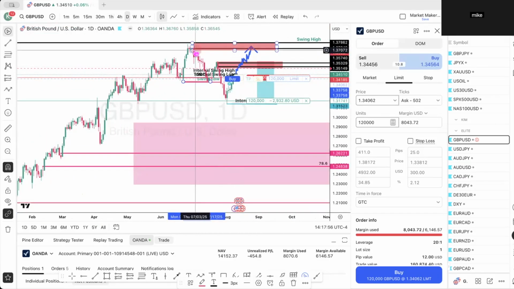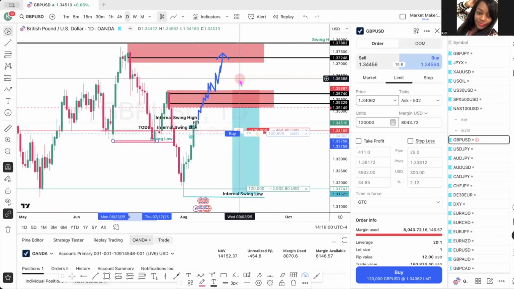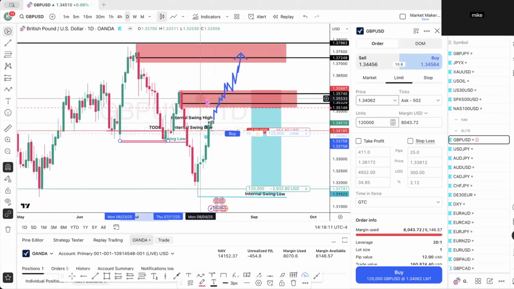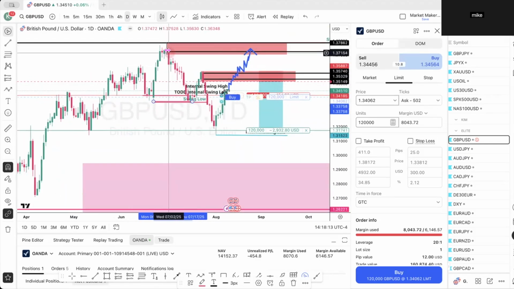Because now that price has shifted structure, you don't necessarily want to fib up unless price shifts structure. You want to keep fibbing the down move.